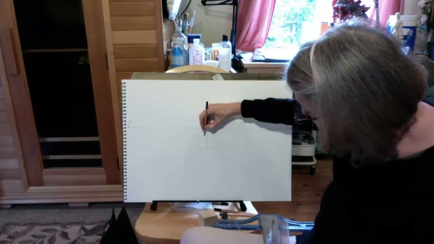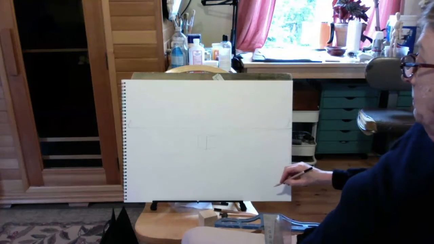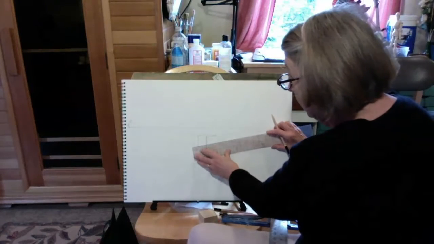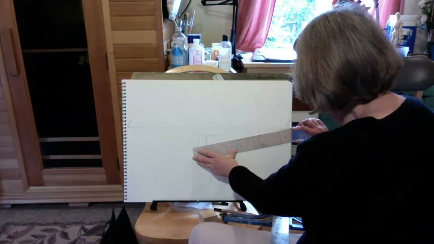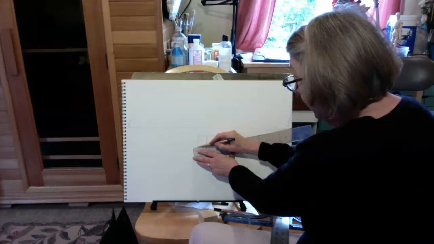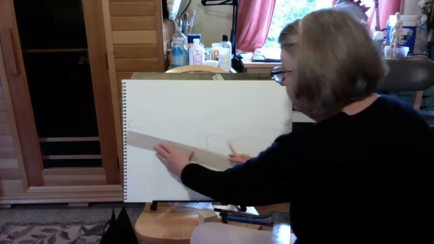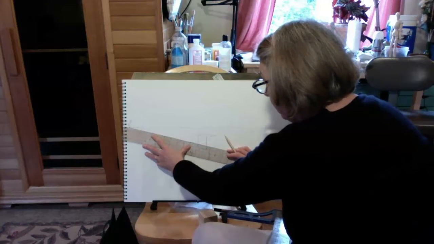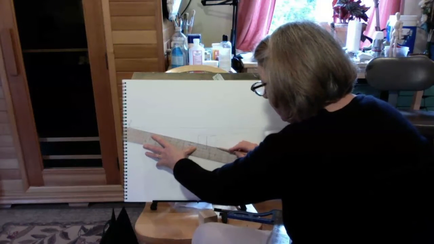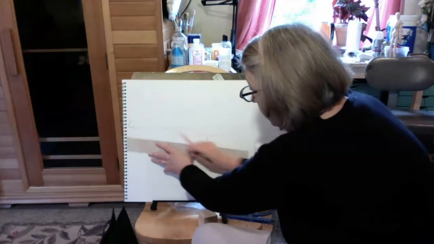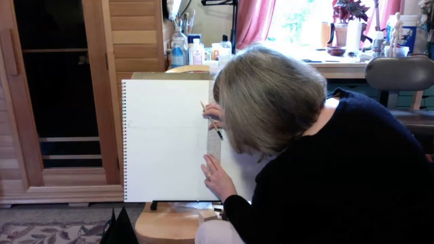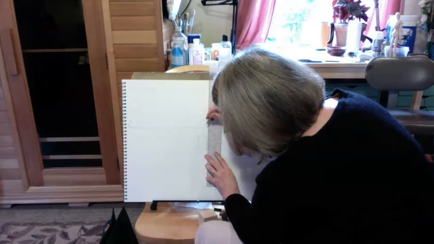Give it a little bit more of a heavy outline there. I'm going to make this a see-through box. So I'm going to draw lines from the bottom of the box also up to that vanishing point. And then I've given myself a little bit of a problem here with that line that I made first.